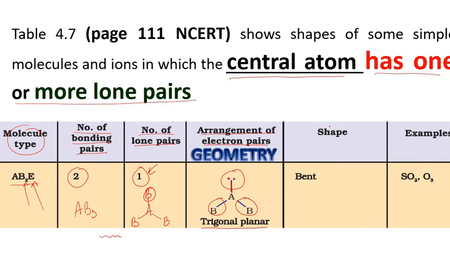When we say shape, we have to hide this lone pair, and when we hide this lone pair, we concentrate on this part, so that becomes the shape, which is bent. The examples for such molecules where the shape is bent: one is SO2, the other one is ozone, that is O3.